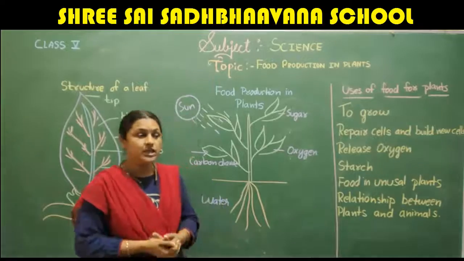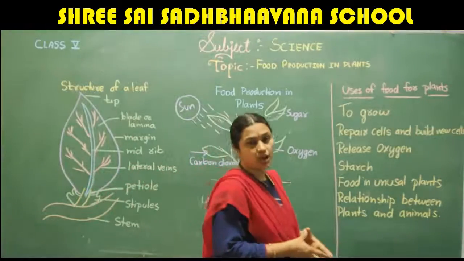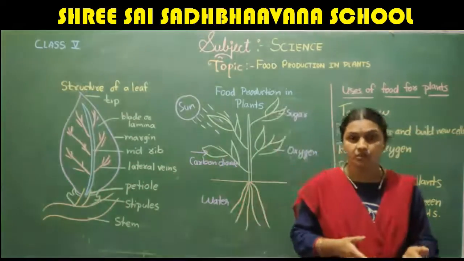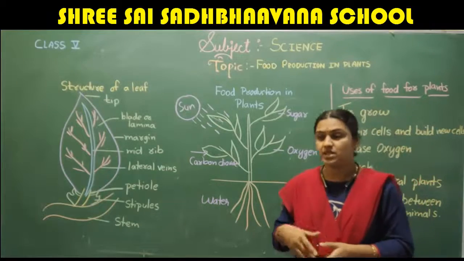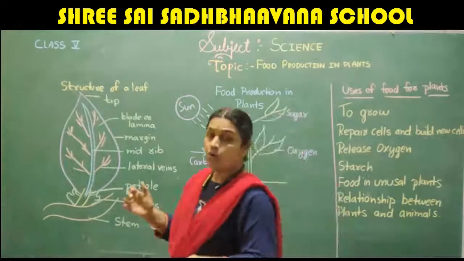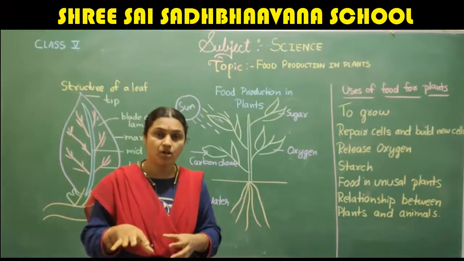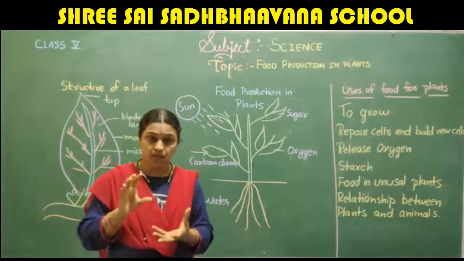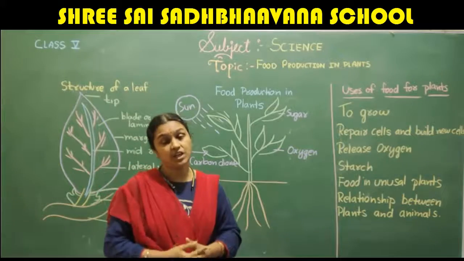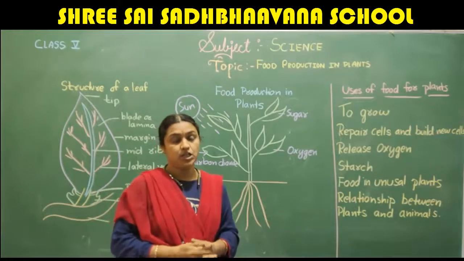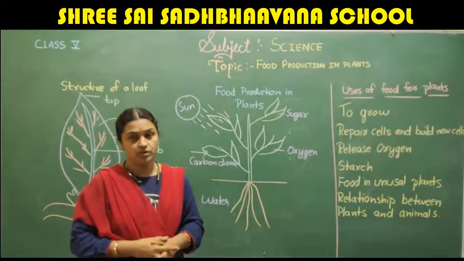We have all seen that when your mom prepares the food in the house, sometimes there is extra food that remains, extra chapati, extra rice. What does your mom do? She keeps that in a tiffin box or in a bowl and then she keeps it in the refrigerator. So that will preserve the food.